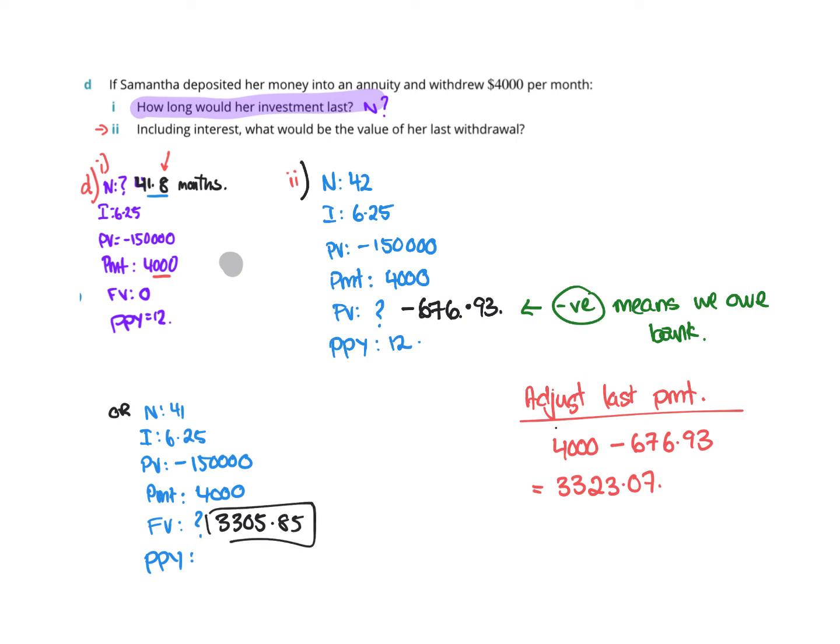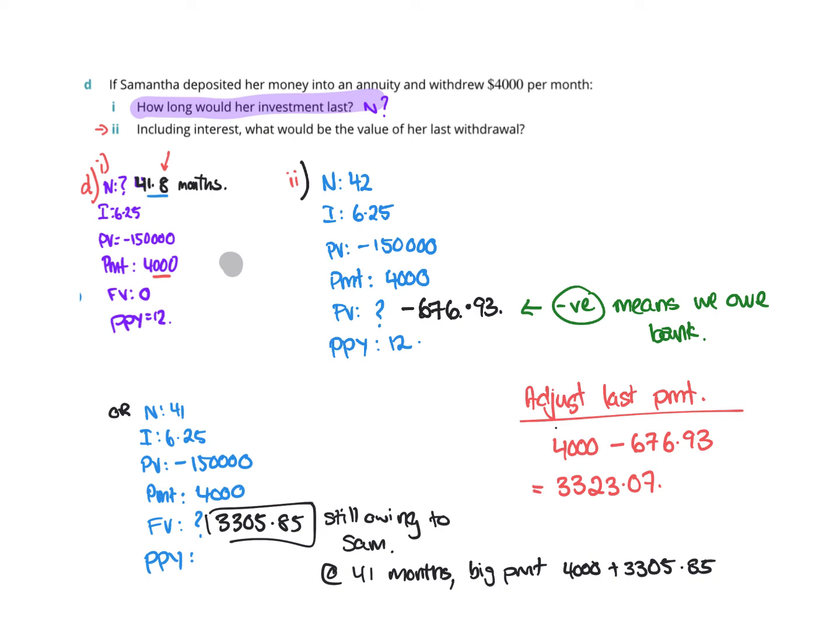So that would be still owing to Sam. So at 41 months, she could have got a big payment of the 4,000 plus the 3305.85. So she could have had 7,000. So it depends on which way she wanted it.